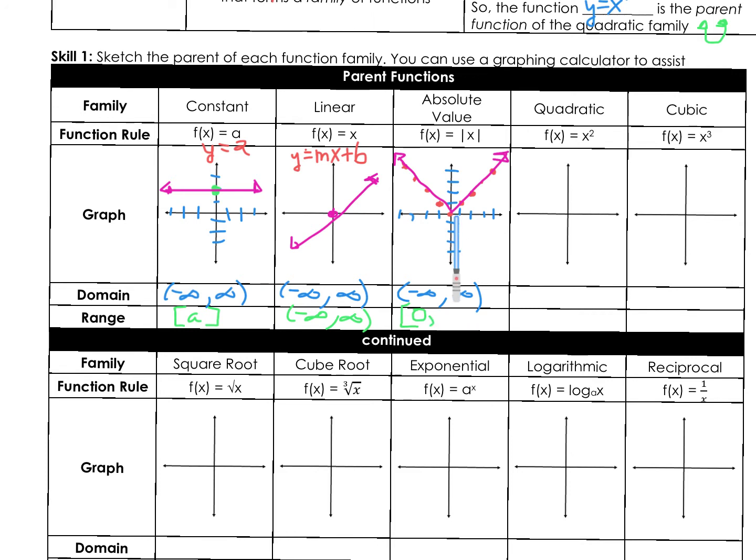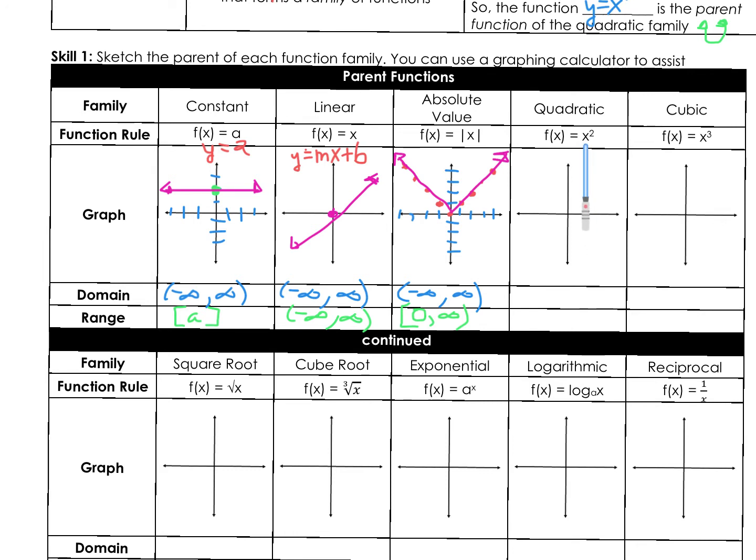So then we start here at a y value of 0, and we continue up infinitely forever, because this graph is going up to the right and up to left forever. So infinitely up forever is positive infinity. And so what this is saying is that all y values are greater than or equal to 0. And isn't that the case? All y values are all up here, which is greater than or equal to 0.